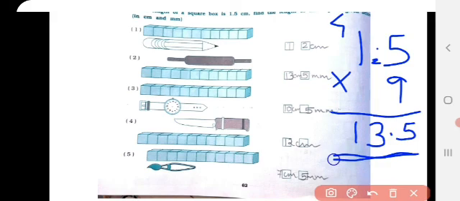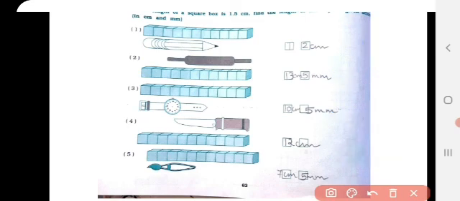After 135 is your answer, you compulsorily have to keep a dot, as there is a dot given in the sum, that is a decimal point. So in 135, count 1 digit, that is 5, and you will keep a dot before the 5, that is your decimal point. Right? Only one dot will come. Clear? So this is your answer, 13.5.